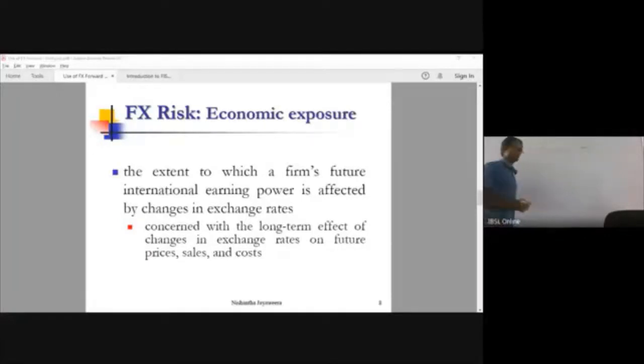Or economic risk. Sometimes we heard this sort of thing: potato, onion. What would happen if the exchange rate depreciates?